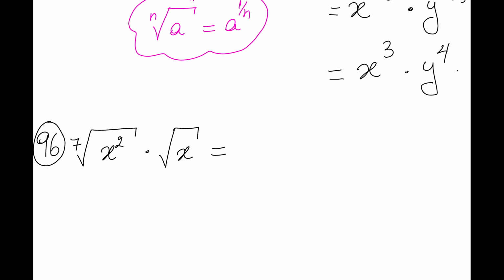Well, the first one means x to power 2 over 7. And the second one means x to power 1/2. Right? Remember, whenever the index is not written, it's supposed to be 2 here. So let me write that for you. This is a 2 here. I wrote it in yellow just to indicate we should not write it. You can barely see it anyway.